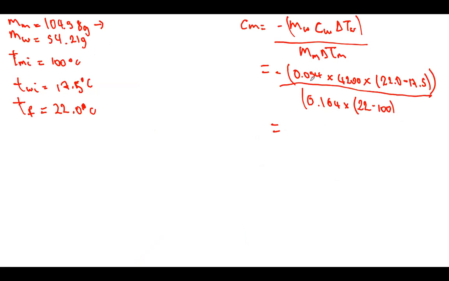Now let's find out what is happening up here. Let's say 22 minus 17.5. What do we get on our calculator? 4.5. Yes, I get 4.5 as well.